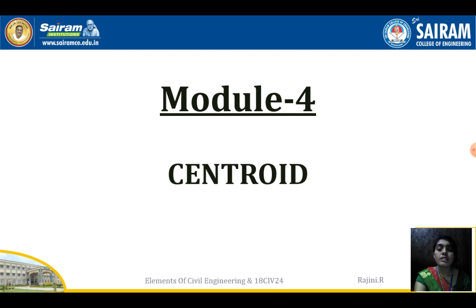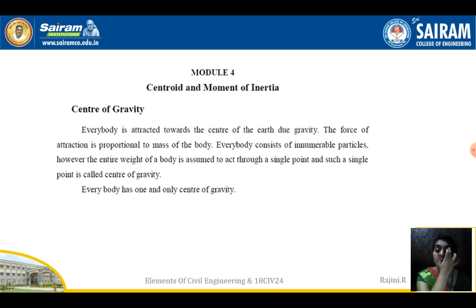Okay, let's see what the center of gravity is. Every body is attracted towards the center of the earth due to gravity. The force of attraction is proportional to the mass of the body, right? So the whole weight of the body always acts vertically downwards, what we discussed in the last chapters. The entire weight of the body is assumed to act at a single point, right?